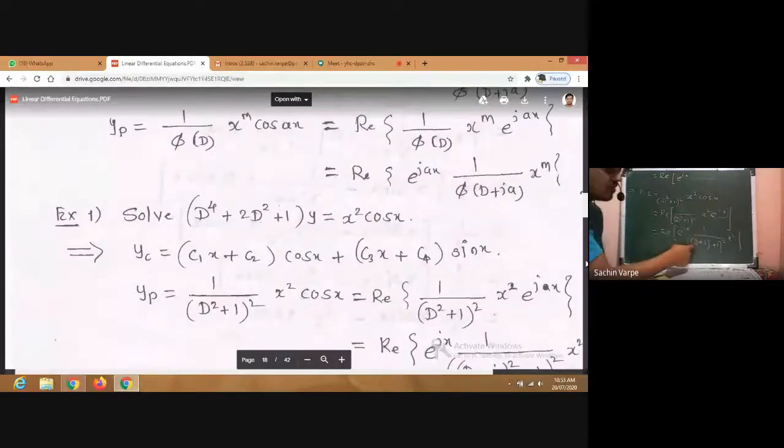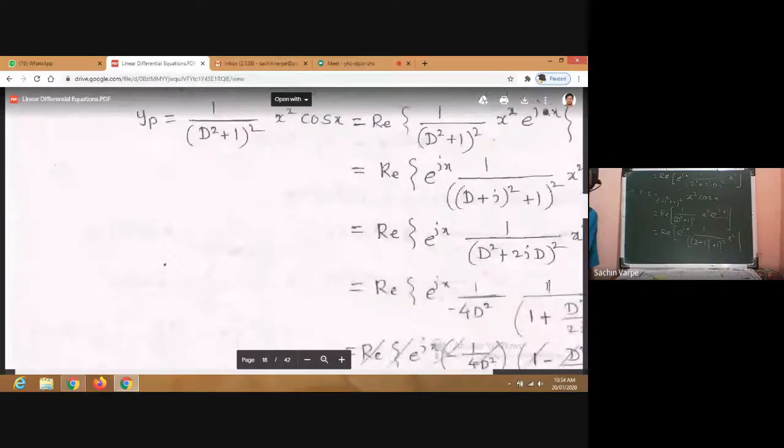D square plus 2iD plus i square. But i square is minus 1. Minus 1 plus 1 will get cancelled. So how to write? (D square plus 2iD) and the whole square, x square. Right?